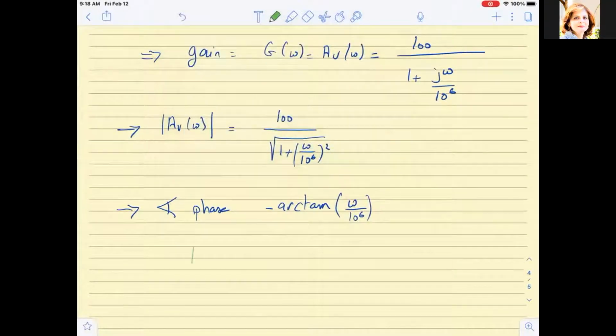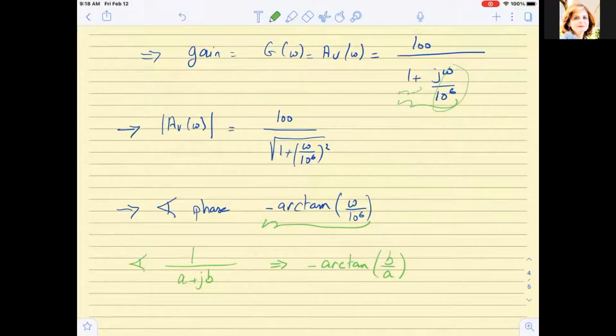If I have 1 over A plus jB, what is the phase? Minus arctangent of B over A. So the 100 does not have a phase because its phase is 0, and the denominator results in minus arctangent of B over A, where A is equal to 1 here.